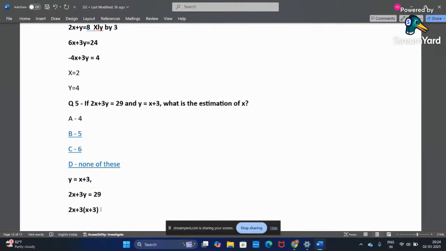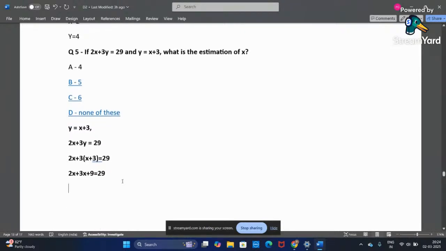So substitute this in this equation so that 2x plus 3x plus 9 equals 29. Why you are doing it in this method is because they have said to find the x value. So directly we are substituting this y value into this equation.